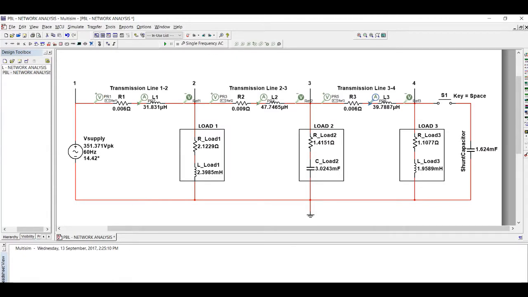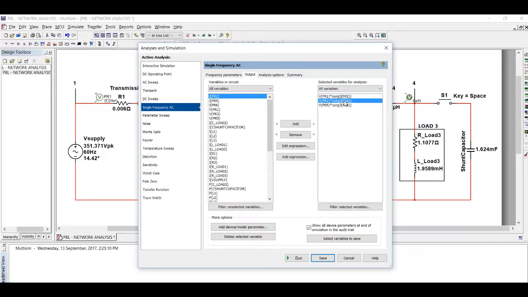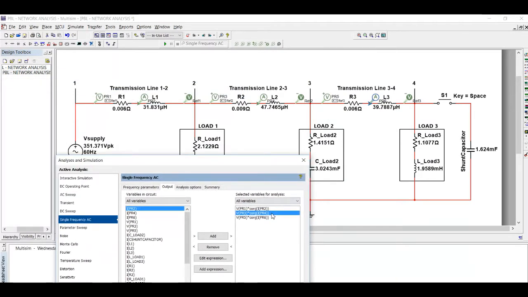To measure real and reactive power at transmission line 2 to 3 and 3 to 4, the process is the same as for transmission line 1 to 2. So we place the differential voltage probes as shown here, which are PR3 and PR5, and we place the current probes in the middle as shown here and here. In the single frequency AC analysis, at the output, these two are the expressions.